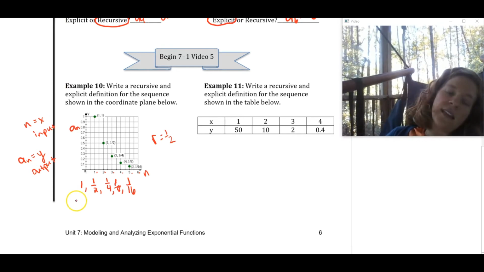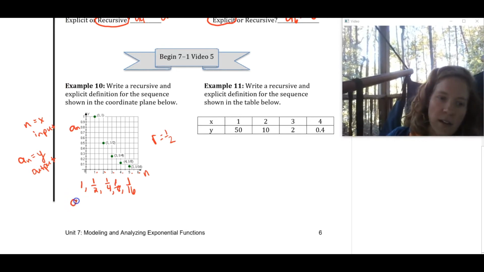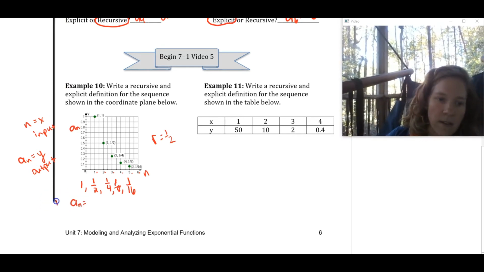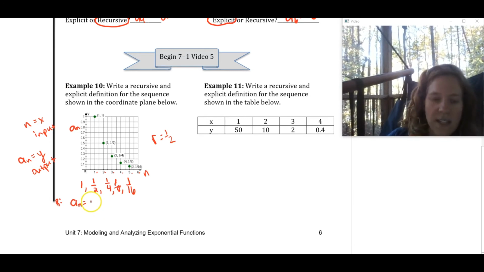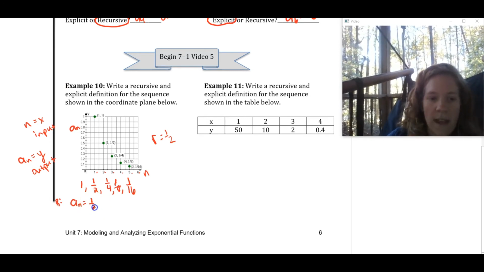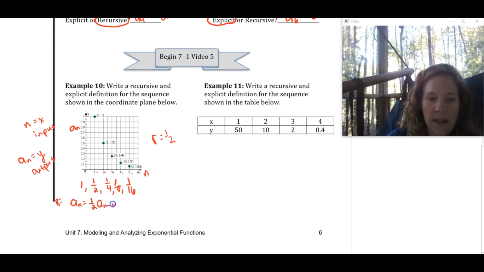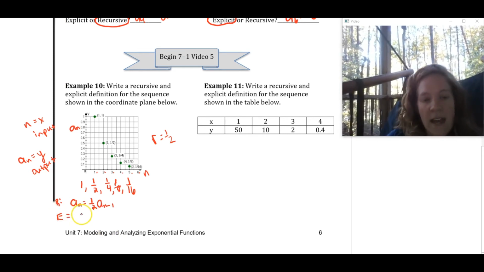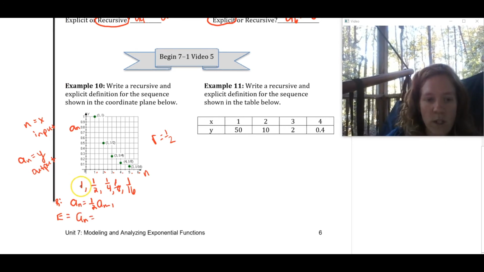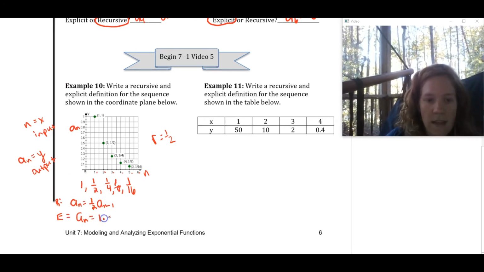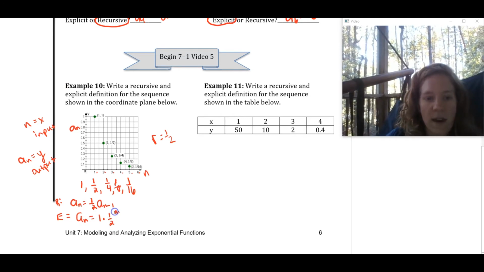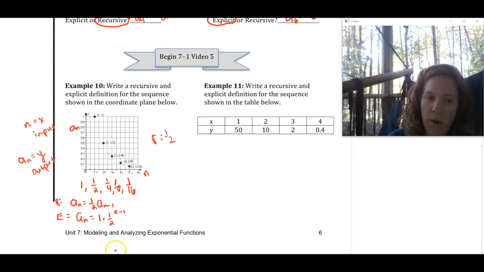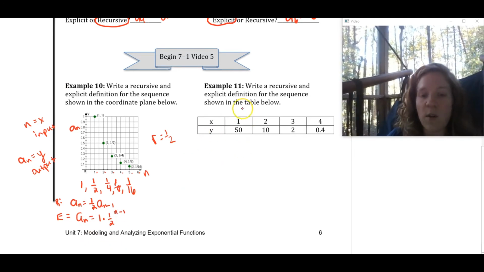That means my recursive definition is a sub n equals 1/2 times a sub n minus 1. The explicit definition, for that I need my first term, which is 1. I need my common ratio, which I've decided is 1/2, and then I'm going to raise that to the n minus 1 power.